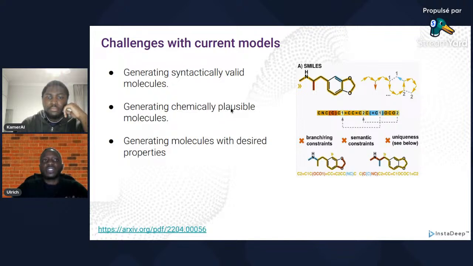But the molecule actually needs to be chemically possible, like the energy between the atoms should be stable. And that's another challenge. And then finally, after the molecule is plausible, does this molecule have the desired properties you want? That's the goal we're trying to achieve.